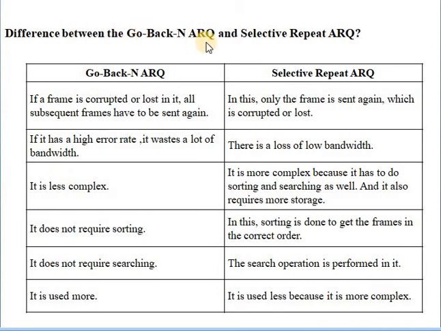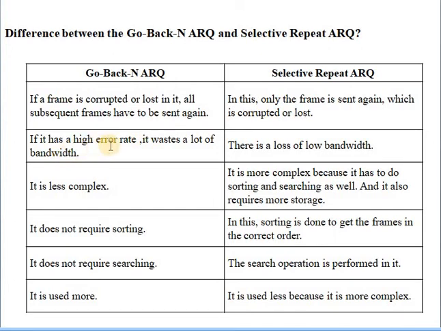Next point is the difference between Go Back N ARQ and selective repeat ARQ. In Go Back N, if a frame is corrupted or lost, all the subsequent frames have to be sent again. But in selective repeat ARQ, only the frame which is corrupted or lost is sent again, but it is out of sequence order.